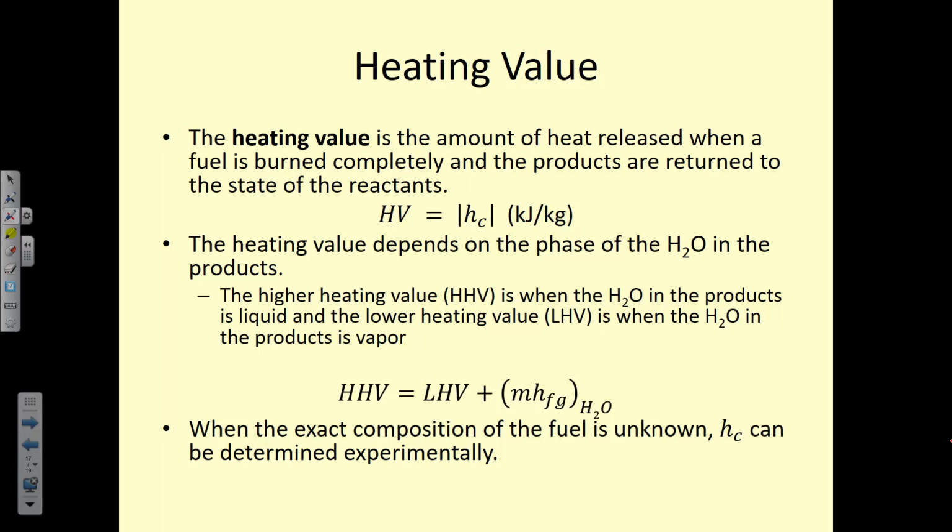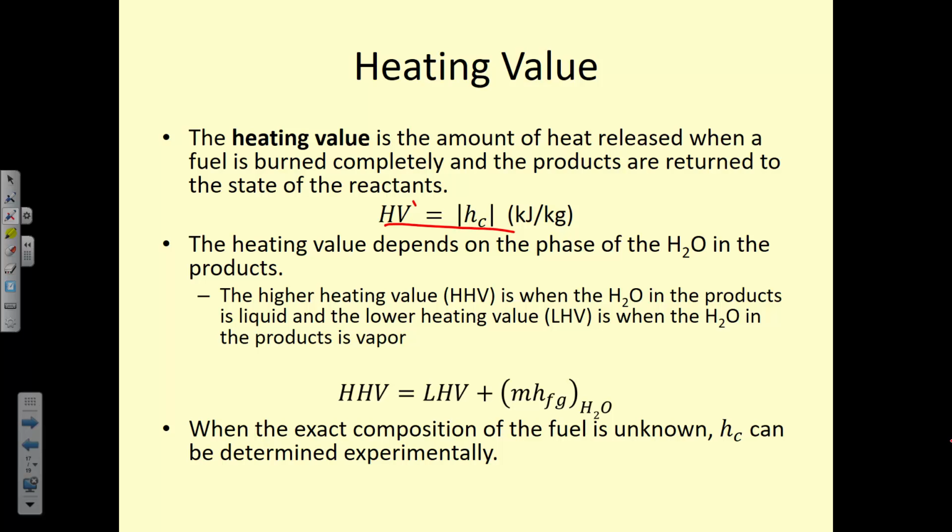Okay, so then we come to another term called heating value, and this is used to categorize fuels to tell how much fuel is required in order for a certain amount of energy to be released during the process. The heating value is for when the fuel is burned completely and the products are returned to the state of the reactants, meaning back to the initial temperatures or pressures of the reactants.